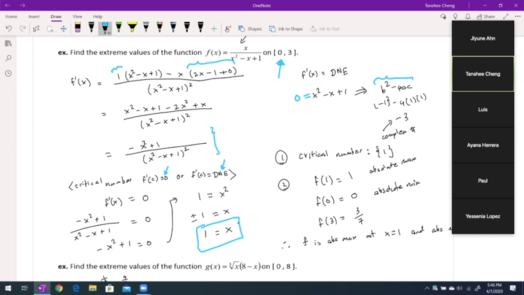So when I check my discriminant, b squared, which is negative 1 squared, minus 4 times a times c, when I simplify it, I got that the discriminant is negative, which indicates that the denominator will never become 0 with any real number.